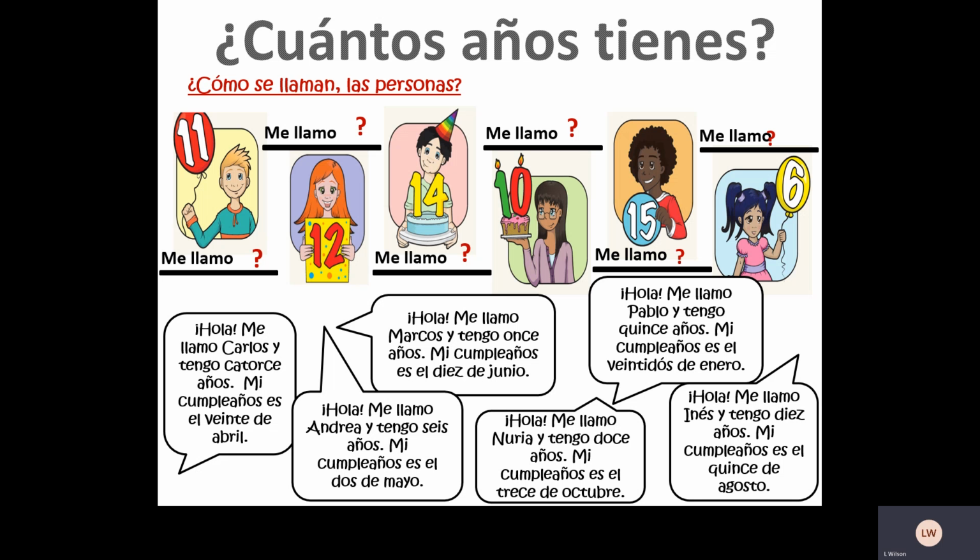So you need to complete each picture's phrase me llamo. So if you read through the speech bubbles, you will work out the names of each of the pictures and see if you can write them in the right order on your sheets of paper. 4 minutos.